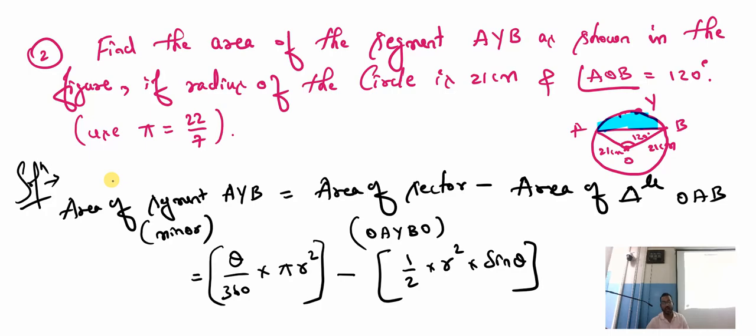Now one more question, children. Sir, sin theta you said. I agree. Please observe here carefully. So you said sin theta. Am I right? Okay. Theta is how much? 120. Then what is sine of 120? We don't know. We know sine 0, sine 30, sine 60, sine 90. 0, 30, 45, 60, 90 we know.